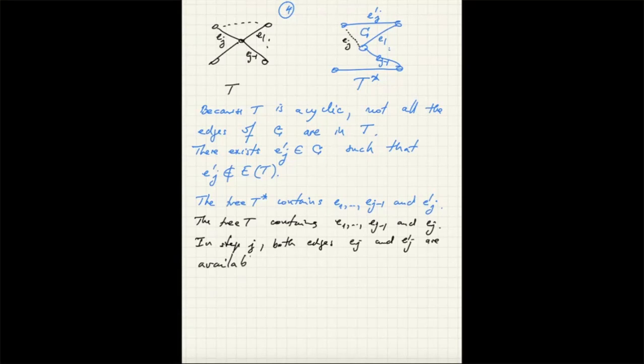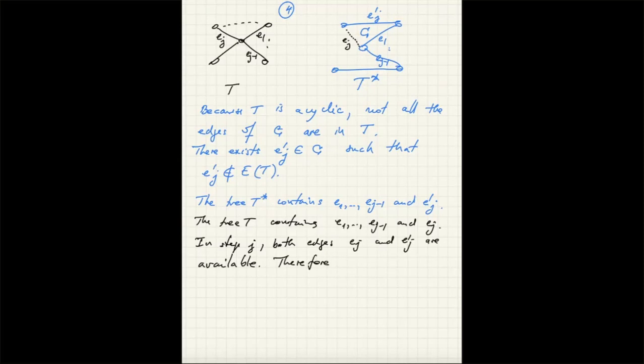And they're both legit because we know that T star contains E1, EJ minus 1, and E prime J, so there's no cycle between them. And T chooses EJ, so there are no cycles there. But the algorithm chooses EJ, okay?